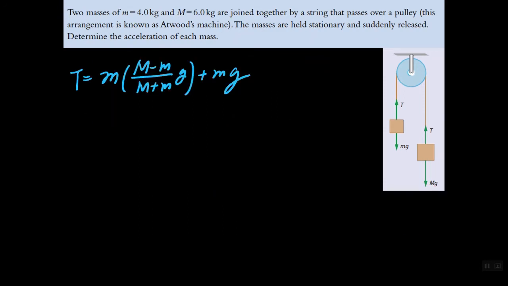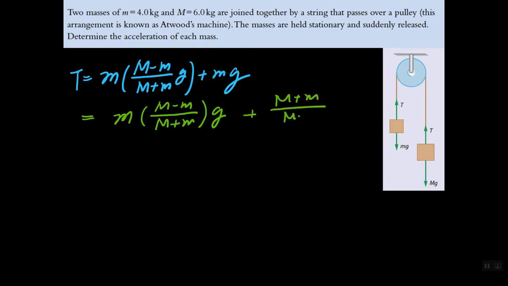Now let us make the same denominator, M plus m over M plus m. So we make the same denominator by applying M plus m over M plus m to the second section of the formula.